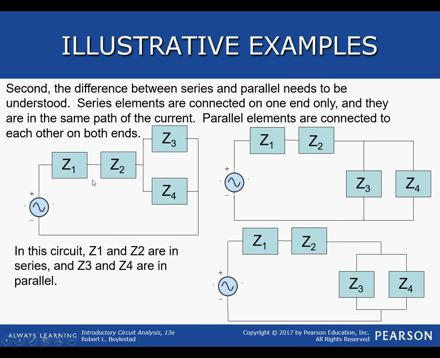There are no breaks in the path or splits in the path going on, and these two by themselves are in series. Parallel elements are connected to each other on both ends. So you can see Z3 and Z4 are connected on this end, and they're also connected on this end. Same thing goes for Z3 and Z4 over here, and Z3 and Z4 over here. They're just drawn a little differently, but those 2 elements are in parallel.